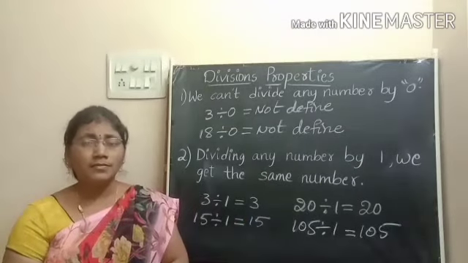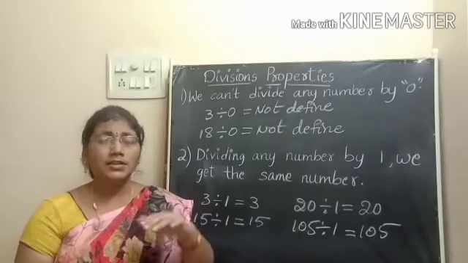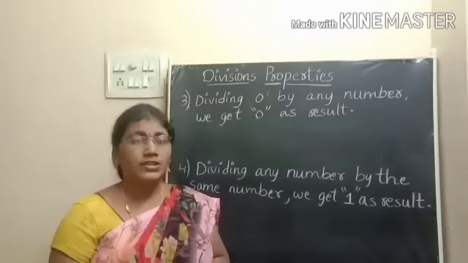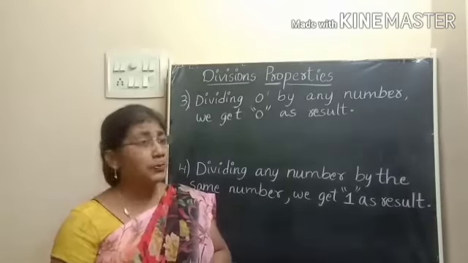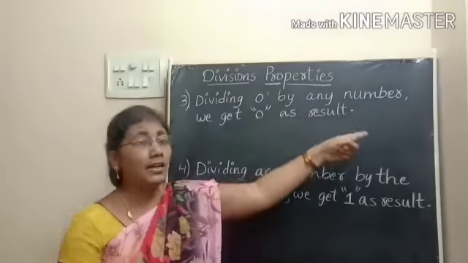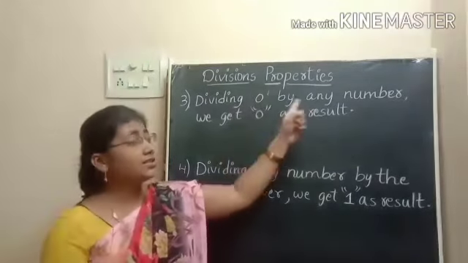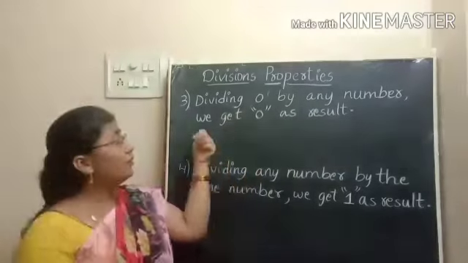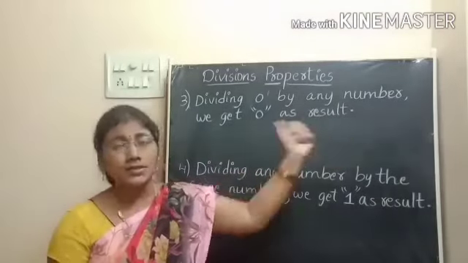Understood, children? Let us see the third property. Dividing 0 by any number, we get 0 as result.